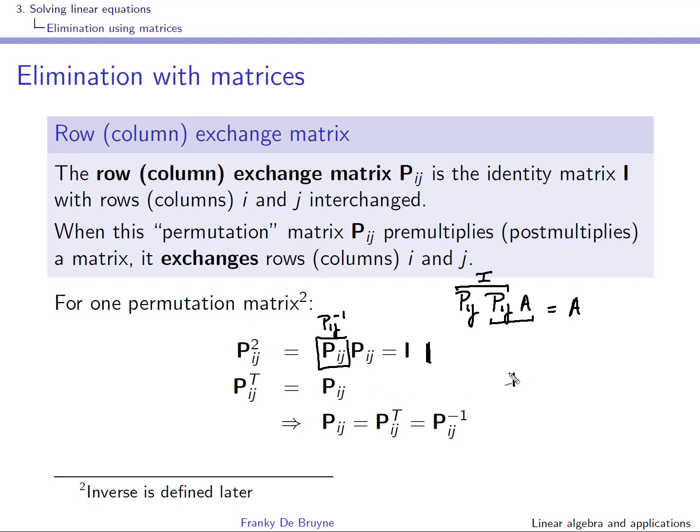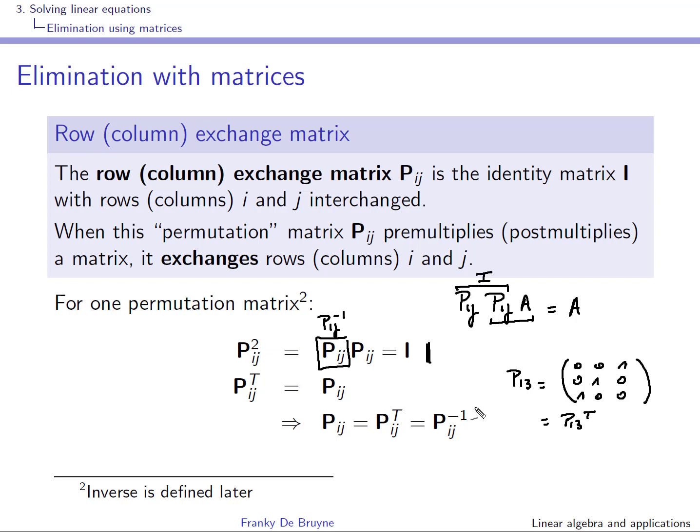Let's take the example P1,3. It interchanges row 1 and 3. So you have 0, 0, 1, 0, 1, 0, and 1, 0, 0. Okay, this is equal to P13 transpose.